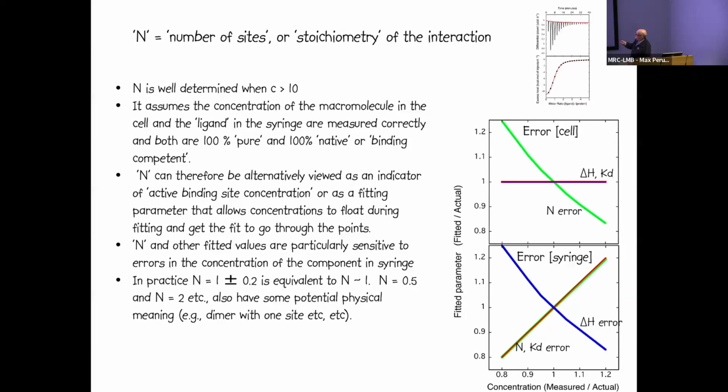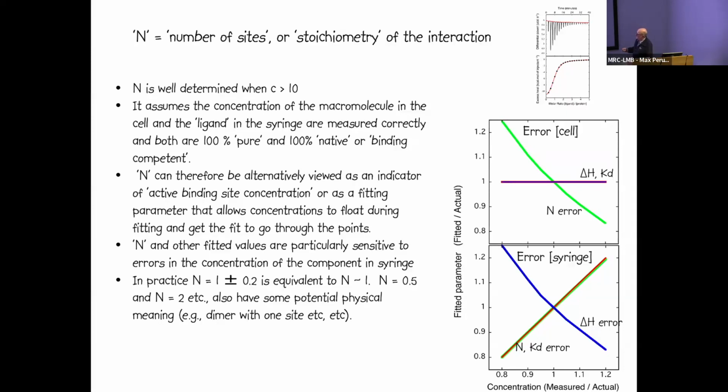An error in the concentration of the material in the cell generally only generates an error in the stoichiometry value. In practice, when N is equal to 1, plus or minus 0.2, say, then we would say that is indicative of one-to-one binding.